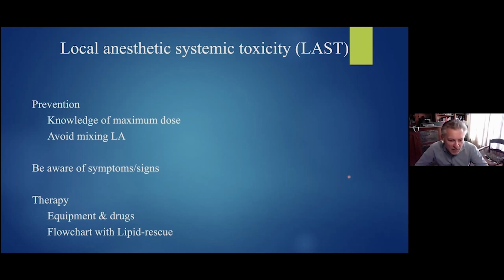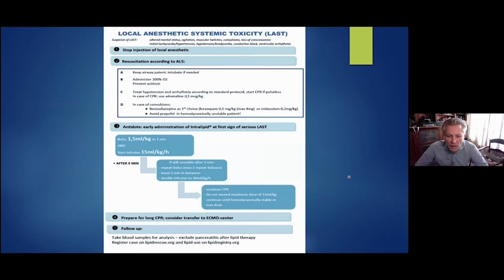Be aware of symptoms and signs, and you need to know there is a therapy. You need to have the equipment, and you need to have the lipid rescue flow chart. Here is an example, with the rules for when you have a suspicion of toxicity and the administration of lipids.